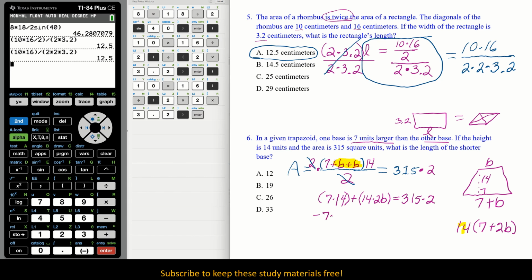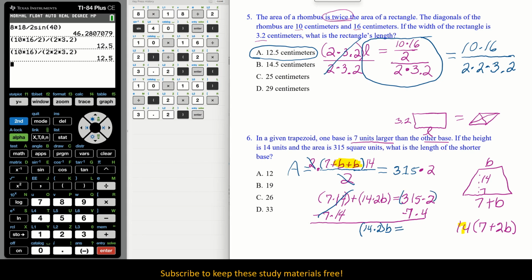So minus 7 times 14, and that means minus 7 times 14. Now this cancels out, and we have 14 times 2b equals. Now I'm going to put all this in the calculator.